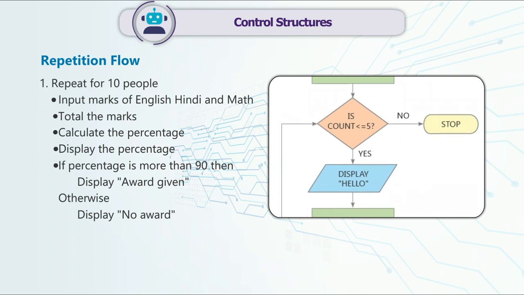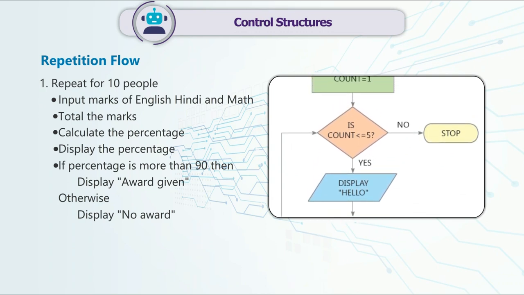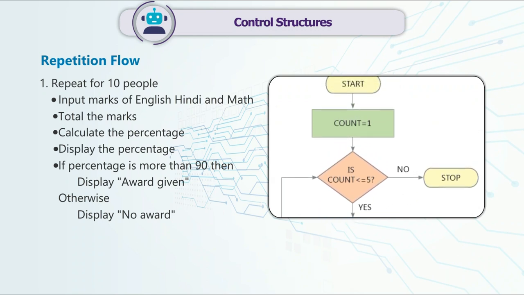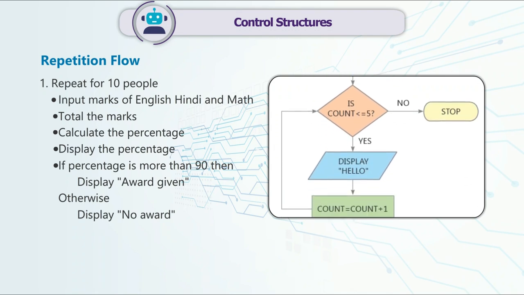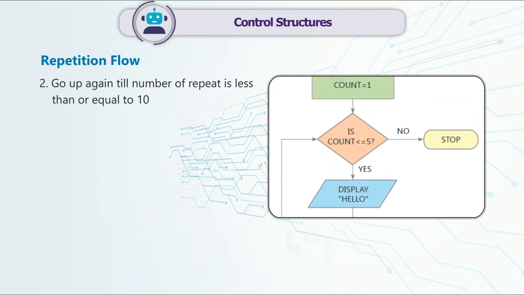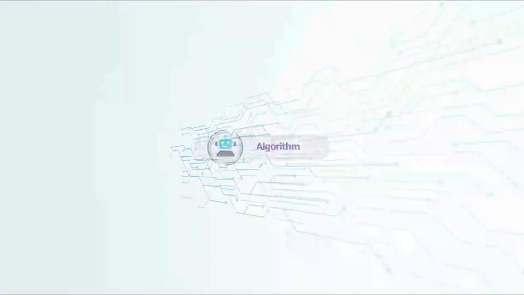Total the marks. Calculate the percentage. Display the percentage. If percentage is more than 90, then display award given. Otherwise, display no award. 2. Go up again till number of repeat is less than or equal to 10.